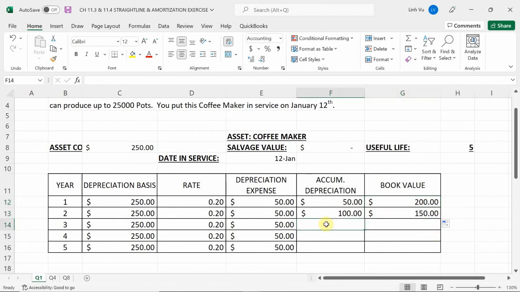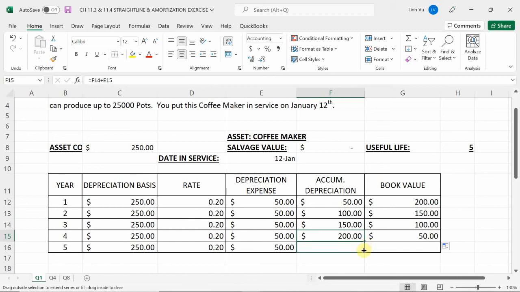All right. What about third year? What's my accumulated for third year? 150. Okay. Book value? 100. Right? Accumulated for fourth year? 200. Good. Book value for year 4? 50.